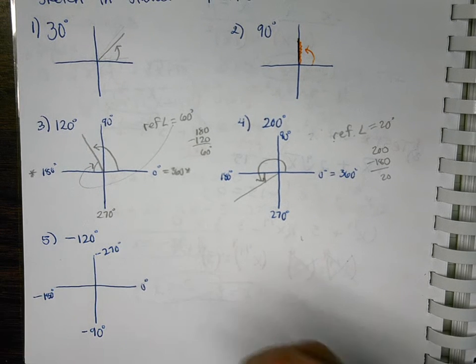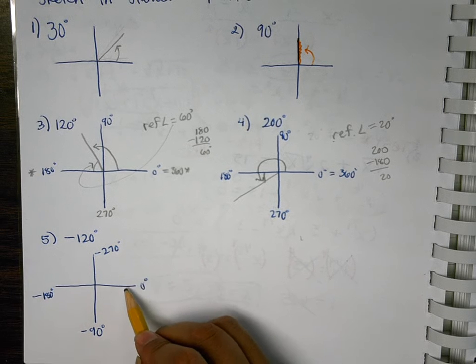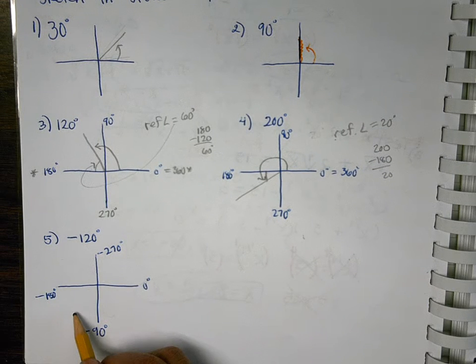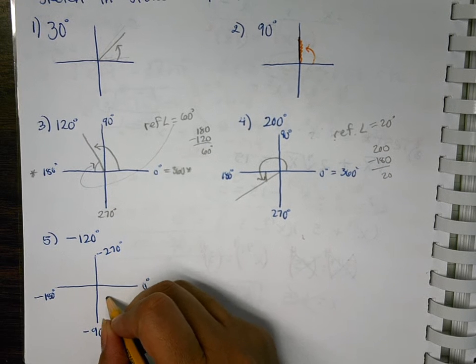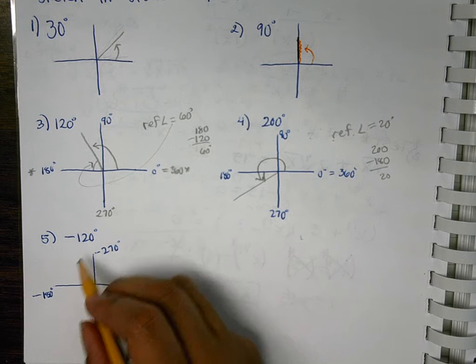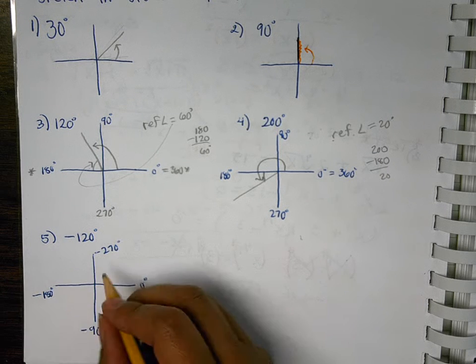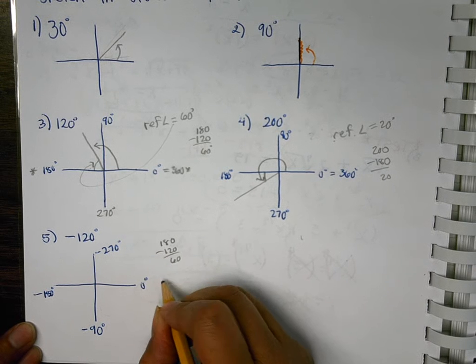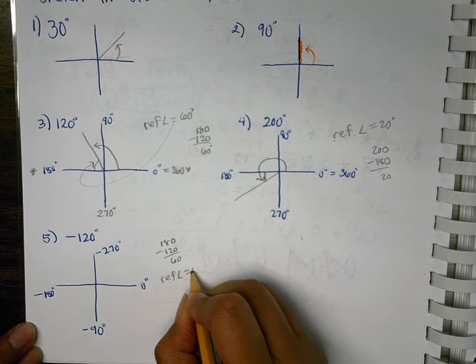Okay, so 120 would be in quadrant 3, right here? Yeah. Okay, so if I swing around here 120, how far is 120 from 180? 60. Did you guys do 180 minus 120? So your reference angle is 60.